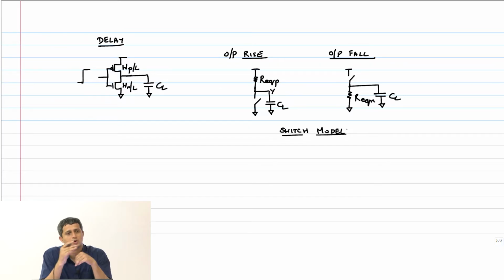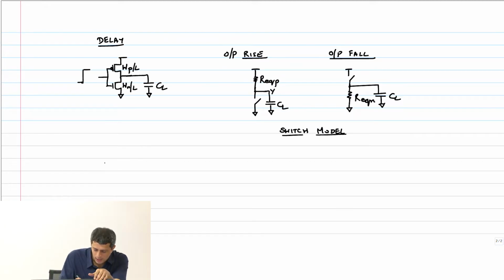Okay, so earlier we said that it doesn't matter what the widths of the NMOS and PMOS transistors are, the output logic level will swing from 0 to VDD, right? So does it mean that we don't have to worry about the sizes? Well, that's not entirely true, because when you come to delay, the delay indeed depends on the width of these two transistors, right? So how do I evaluate the fall delay?